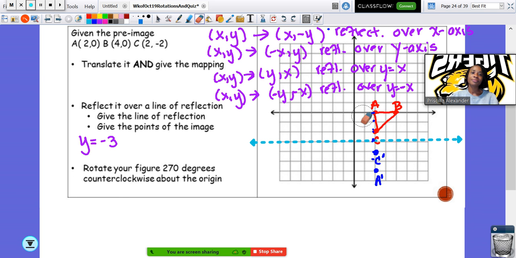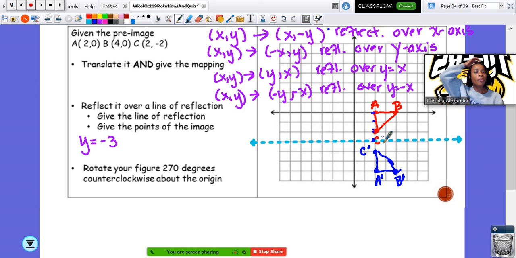And then over here, I am 1, 2, 3 from the line of reflection for B. And so I'm going to go 1, 2, 3, and there's my B prime. And we're going to go through here, connect the dots. Alright, there we go.